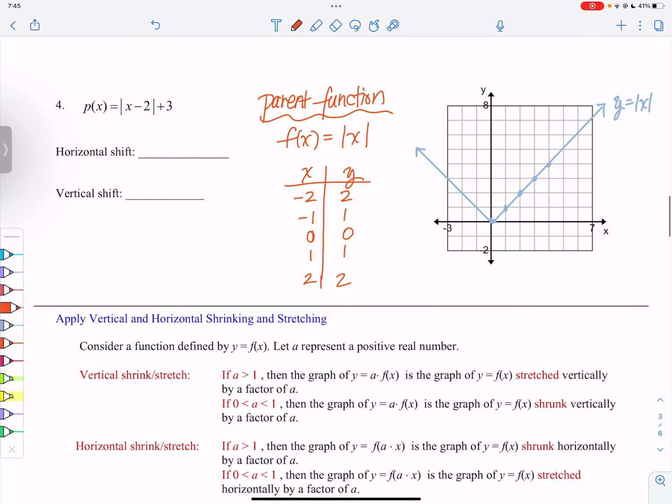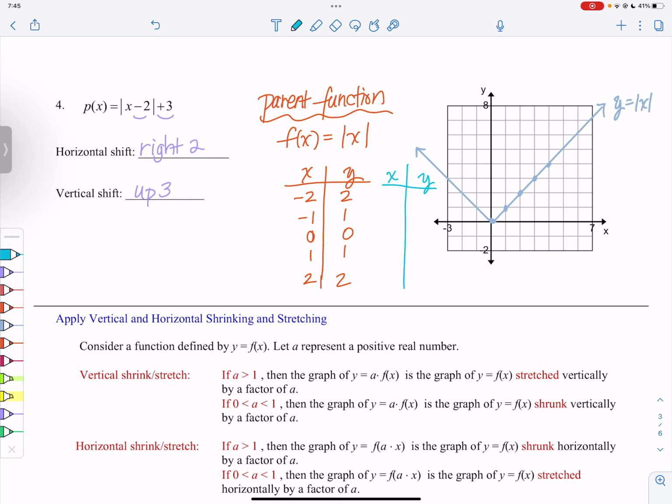Okay, so back to this graph, you can see we are on the inside here. So we're going to go to the right 2, and we're on the outside of the function here. So we're going to shift up 3. So taking every one of these points, and actually you can do that with a graph.